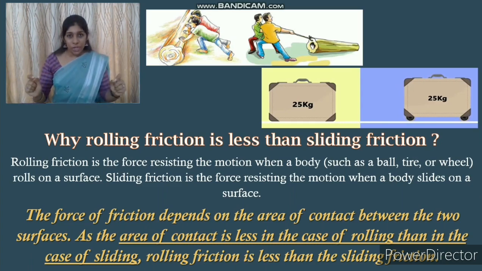The force of friction depends on the area of contact between the two surfaces, which you have already studied. Last class you studied the factors affecting friction. You have studied that the force of friction depends upon the area of contact between the surfaces. Right.